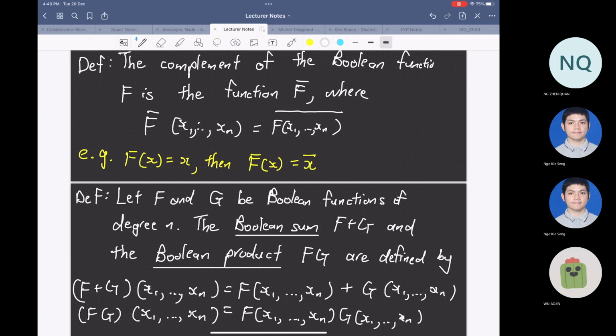For example, real numbers are an algebra. N by N matrices are also an algebra. Boolean algebra is special because you have this complement operation, and then you need to satisfy the 5 special laws. Question? Any question?